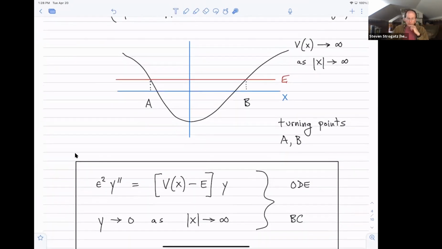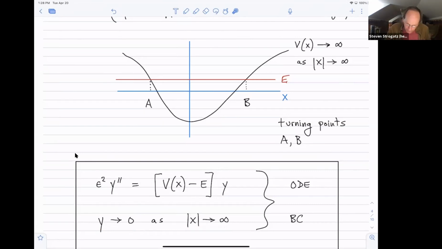So the kind of problem we're going to study looks like this. This is a Schrödinger equation again, where the role of the Q is now being played by this V of x minus E, the difference between V and this level E. And then that's all multiplying y. And we want to impose that y goes to 0 at infinity in both directions.